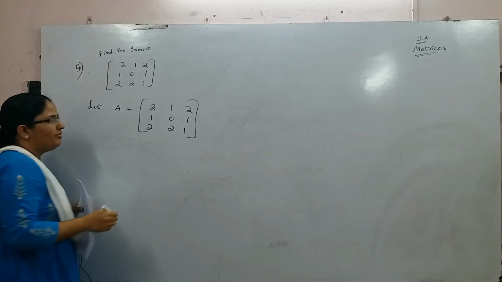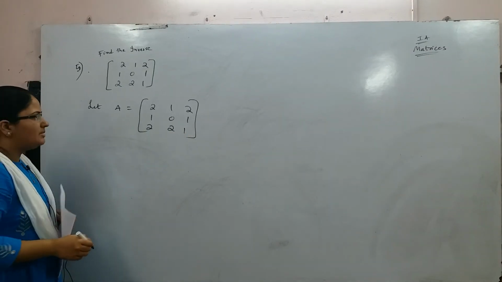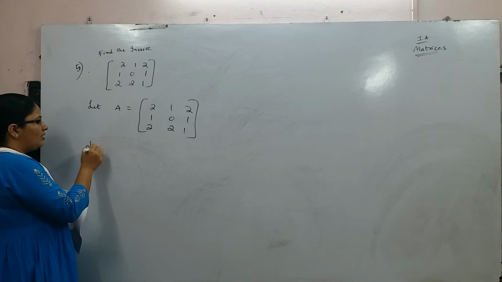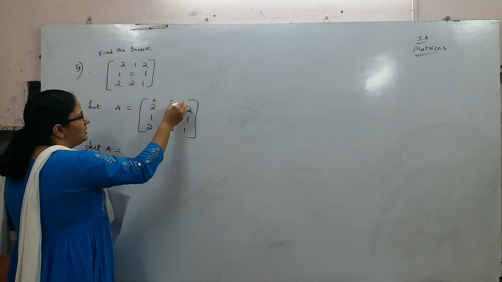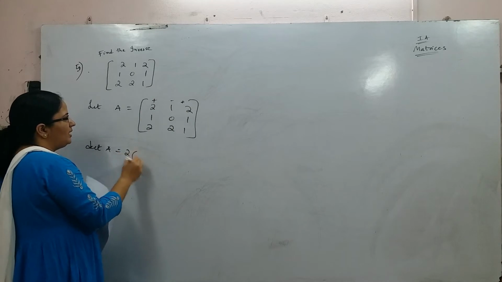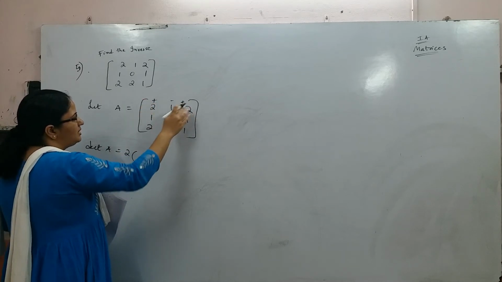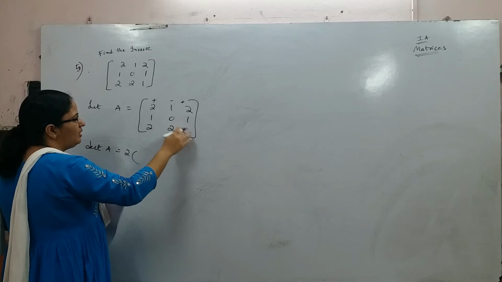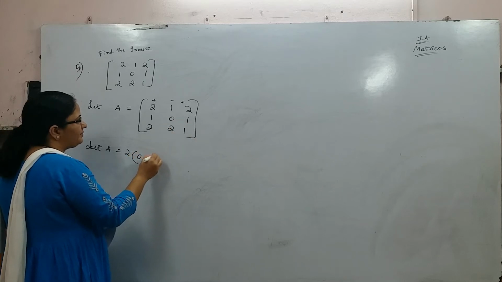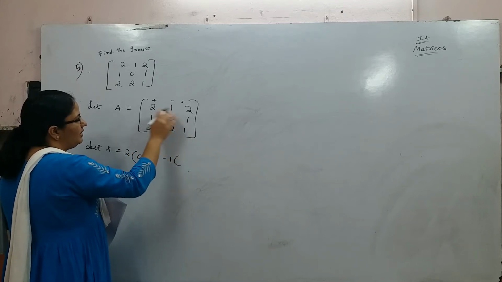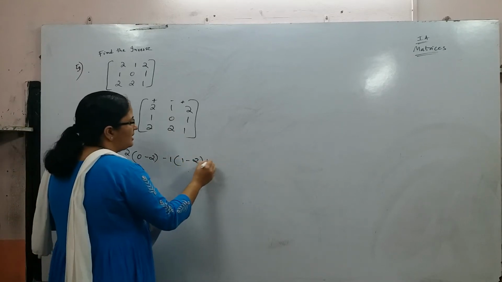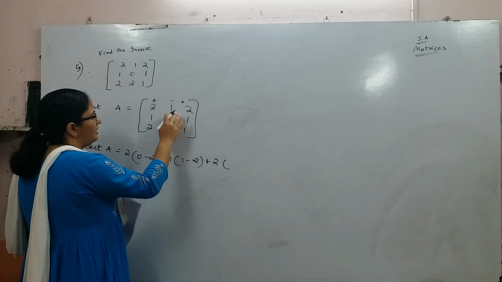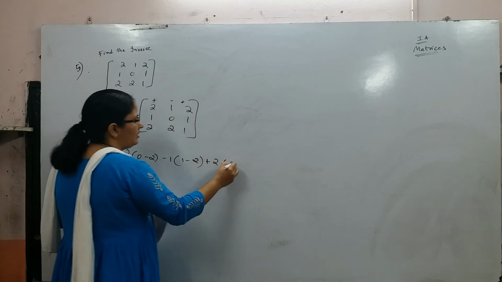First of all, we have to find the determinant of this matrix. Determinant of A, put plus minus plus: 2 into (close this column, close this row, AD minus BC) 0 minus 2, minus 1 into (1 minus 2), plus 2 into (2 minus 0).